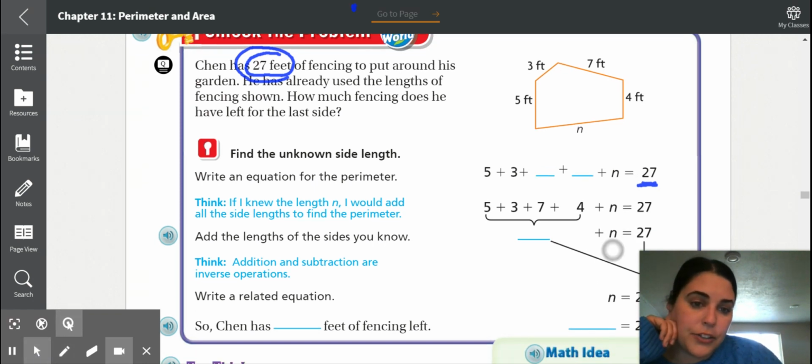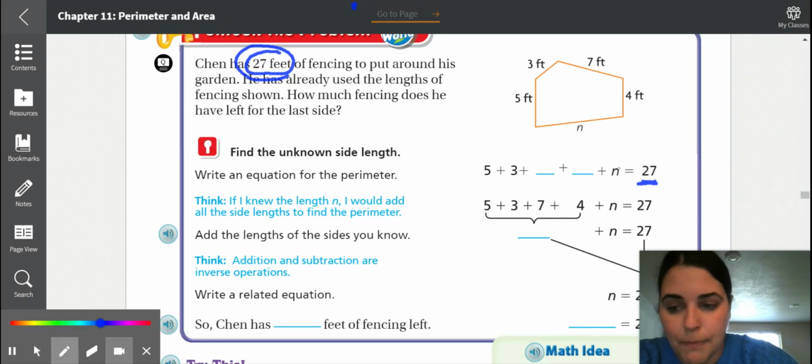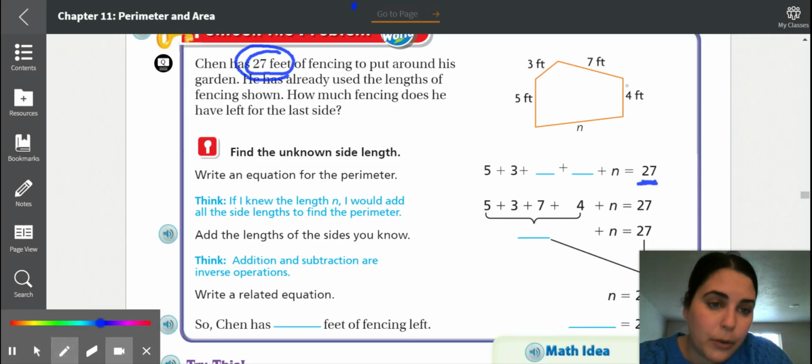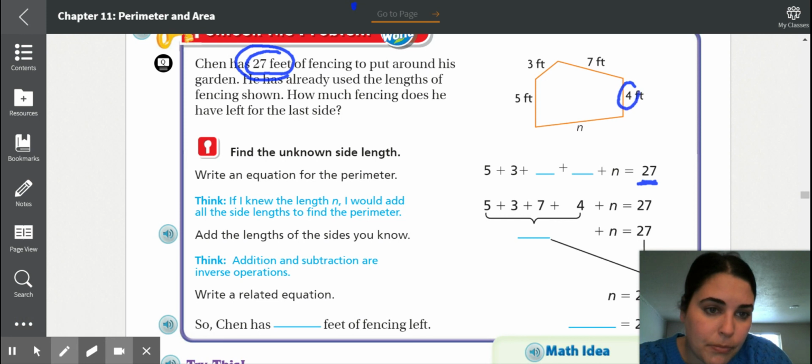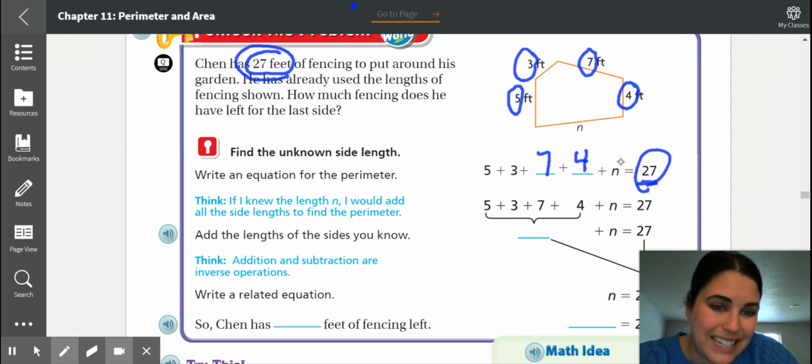So what we need to do here is add up the numbers that we do have. I want you to circle all of the numbers that we do have, okay? We have 4, 7, 3, and 5. Add up those numbers. They've kind of started this for us. 5 plus 3, and then we need to have the 7 plus 4 plus n will equal 27, and we don't know what n is yet.